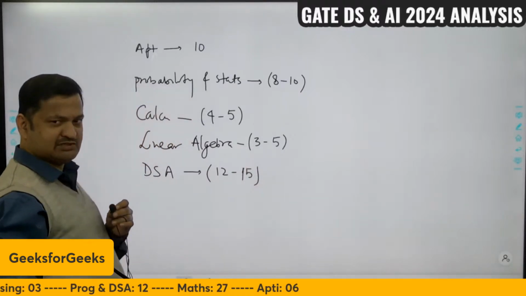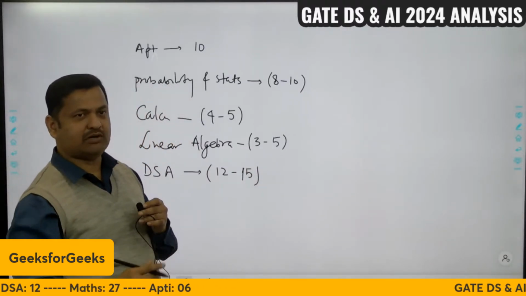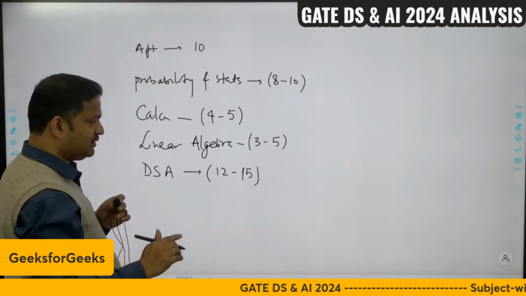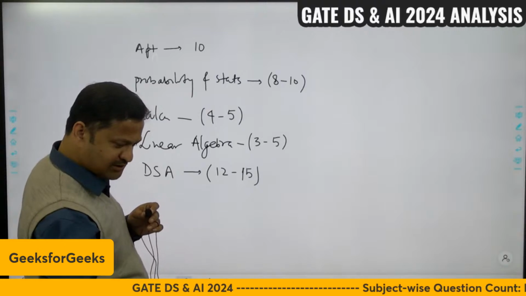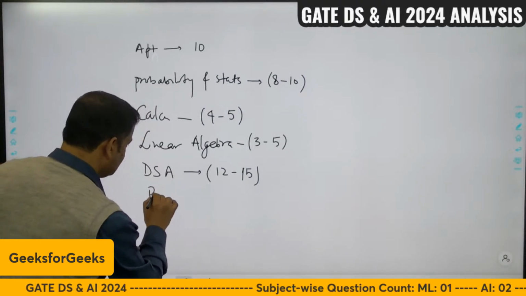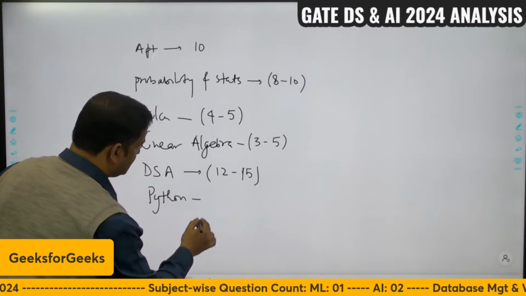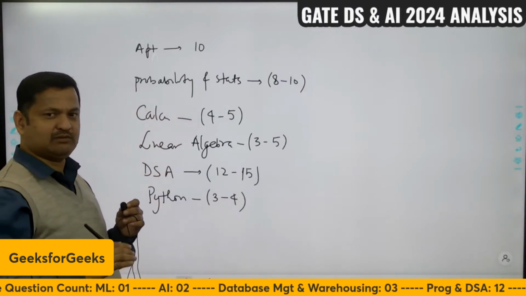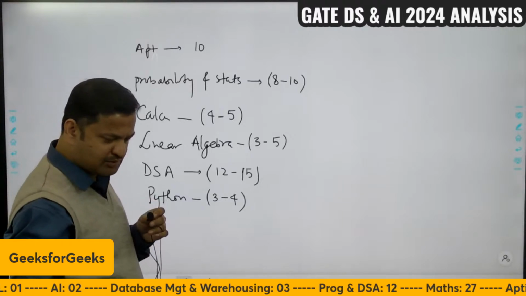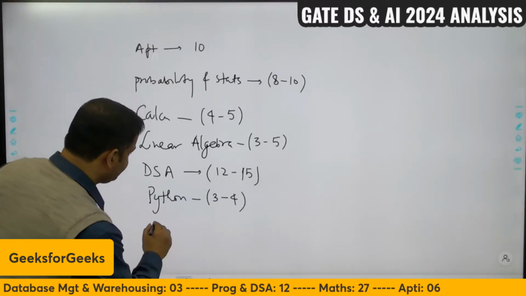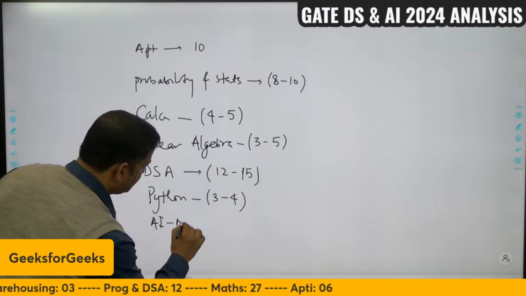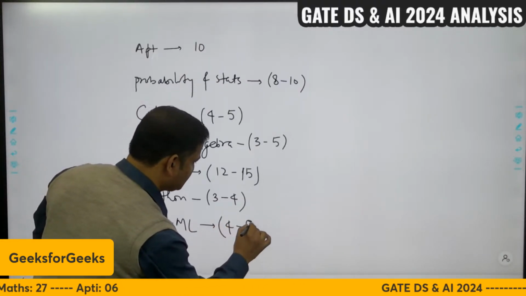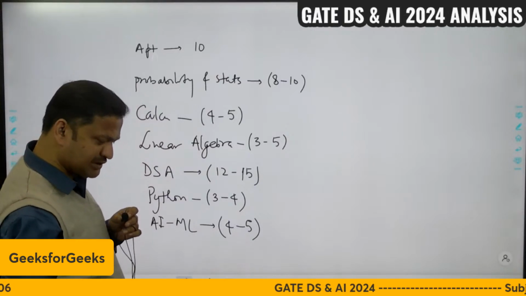We received a few questions that were incomplete, so we have not considered discussing them, because we are not sure they have some missing content. Now from Python, there were a total of 3 to 4 questions, and most of the Python questions were based on finding the output. From AIML, there were only 4 to 5 questions, and they are very basic questions based on theoretical aspects.